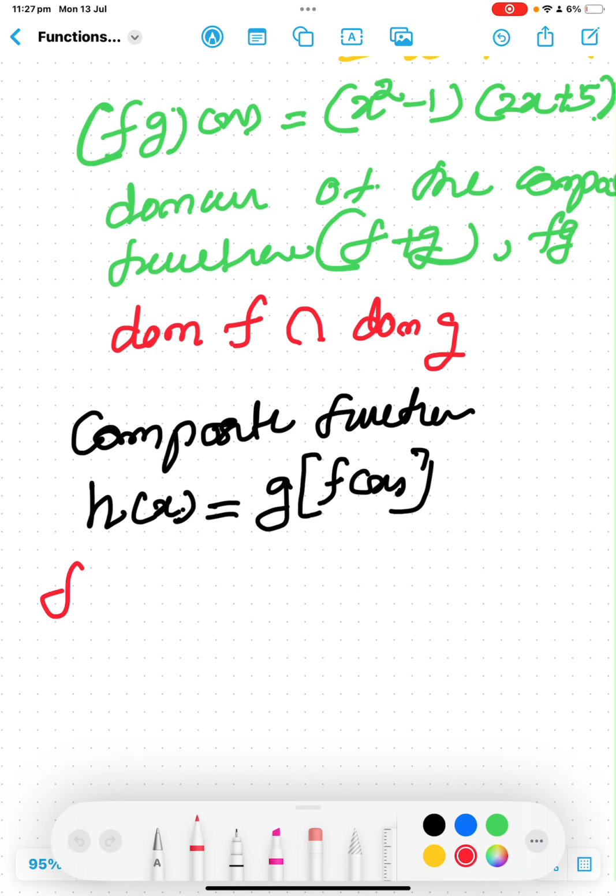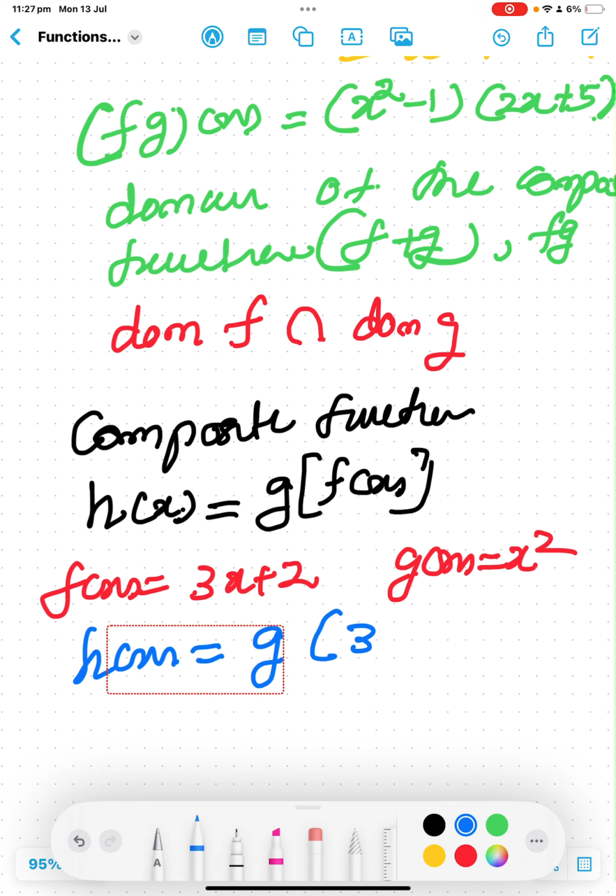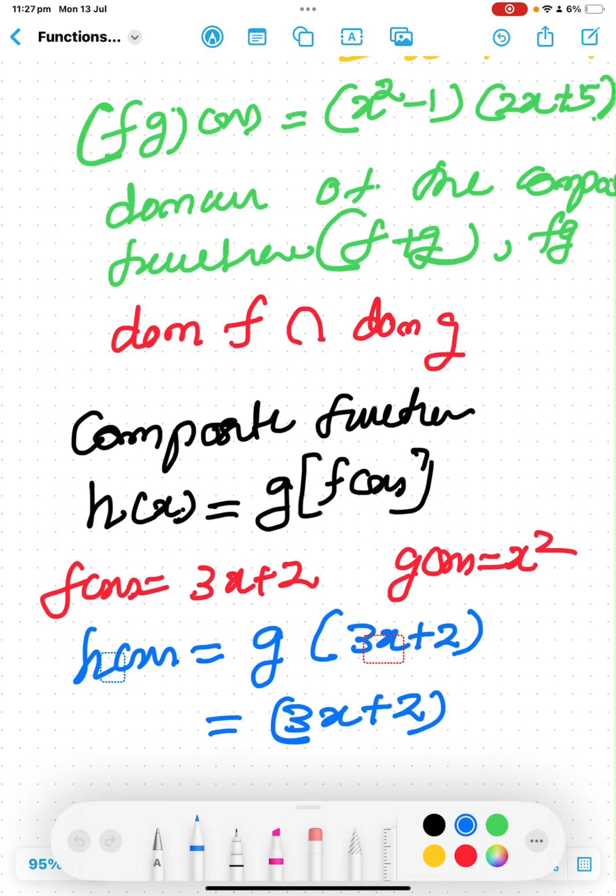Let's say f(x) equals 3x plus 2 and g(x) is x squared. Then the composite function h(x) would be g(3x plus 2). That would be, instead of x I have 3x plus 2, (3x plus 2) to the power of 2.